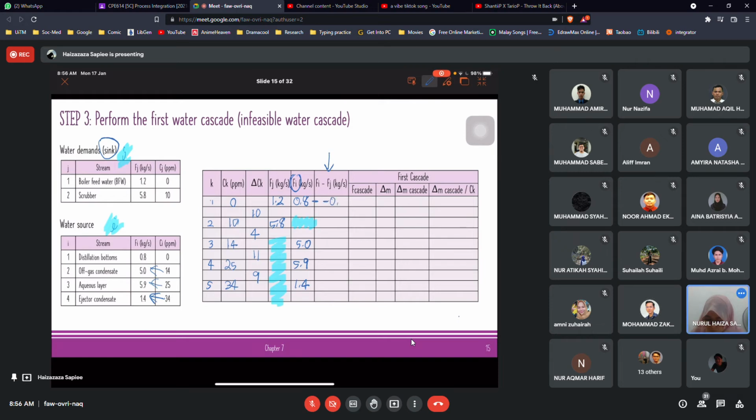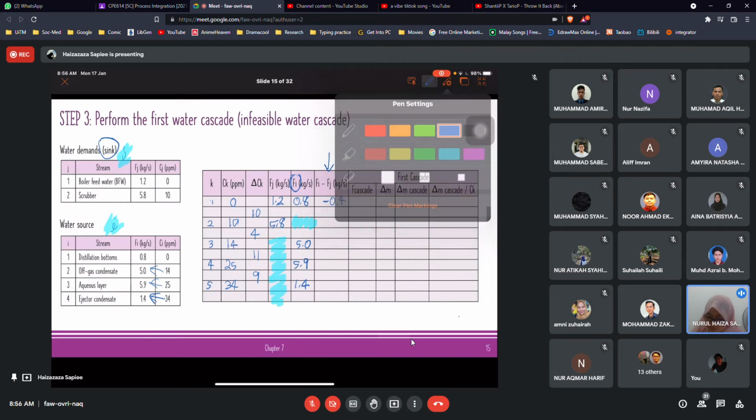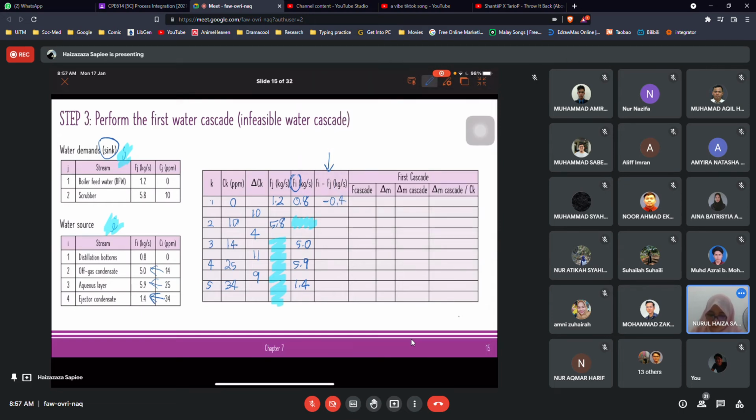Negative 0.4. Okay. What about for 10? Negative 5.8. So it is very important to remember that it has a negative sign because it is Fi minus Fj. The rest is just copied over, the same. Exactly. Thank you. Okay.